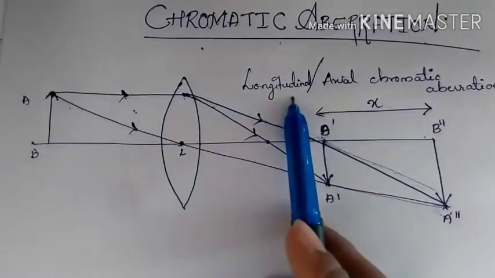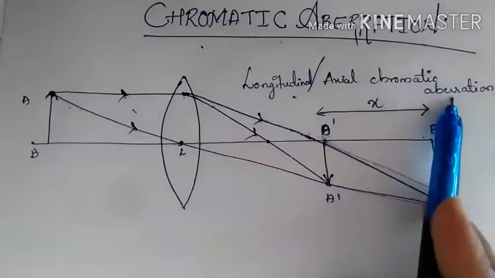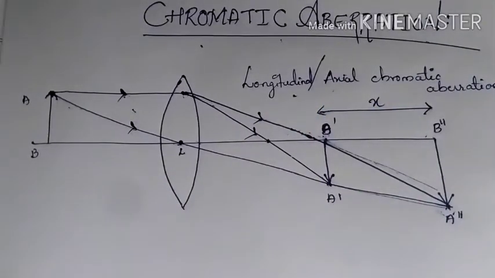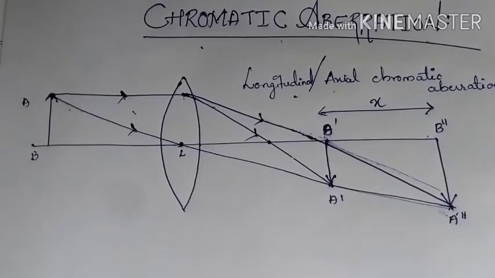So what is longitudinal or axial chromatic aberration? It is the variation of the image position along the axis.